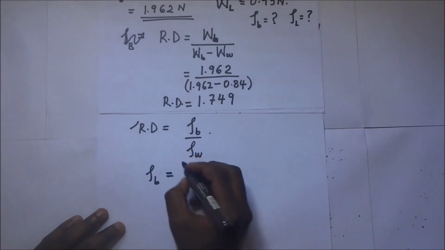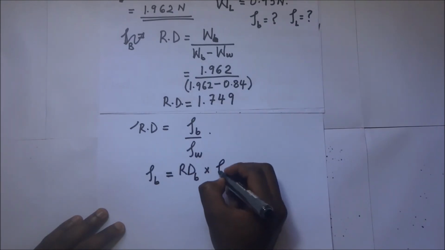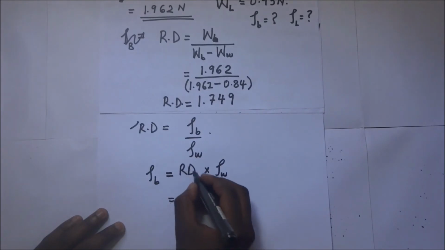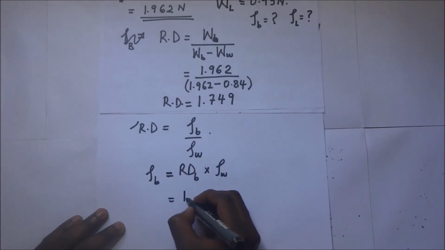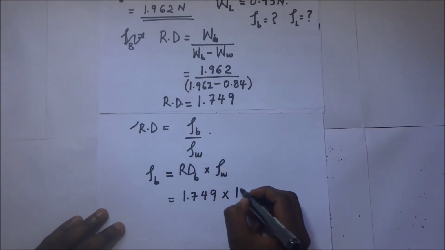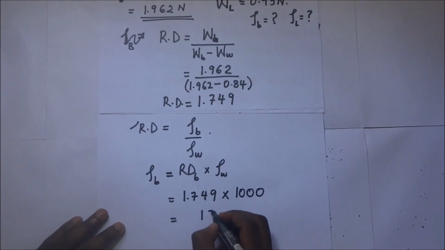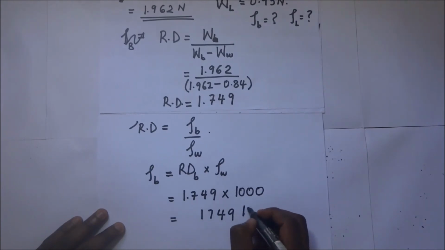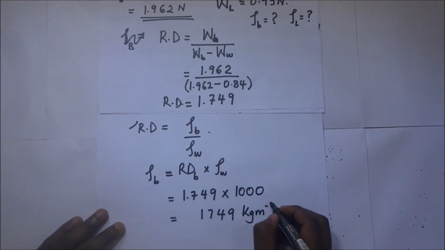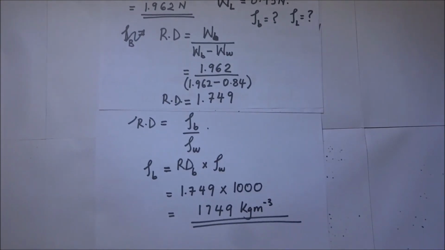It is going to be equal to the relative density of the block multiplied by the density of water. In this case, the relative density of the block, we got up there as 1.749, multiplied by the density of water, which is 1,000 kilograms per meter cubed, and that is going to give us 1749 kilograms per meter cubed. That is our density of the block.